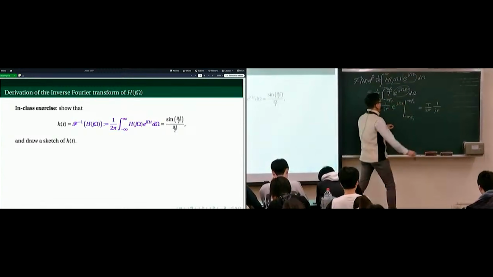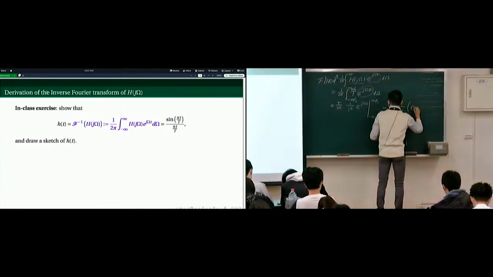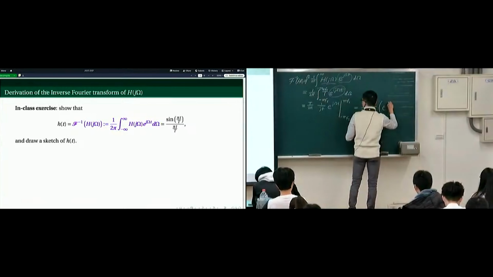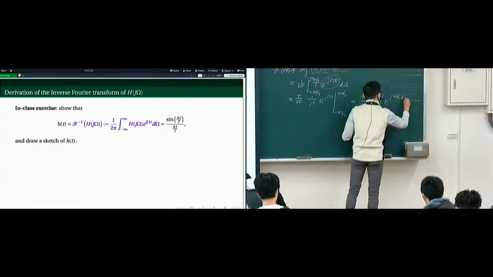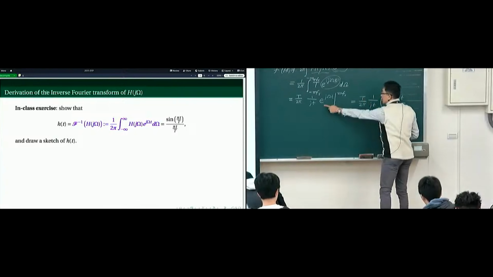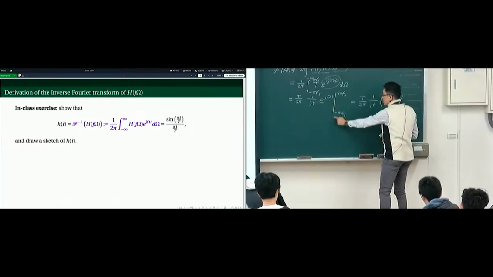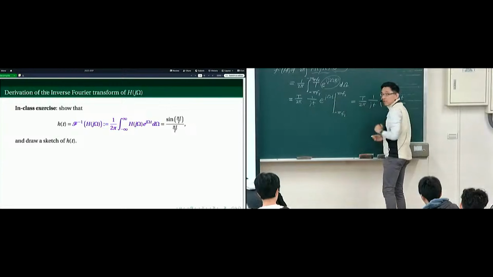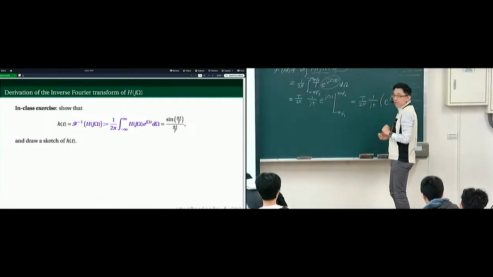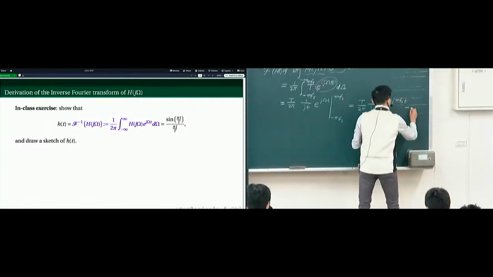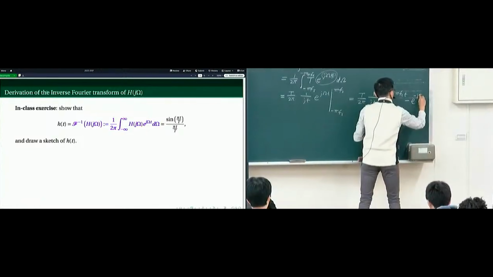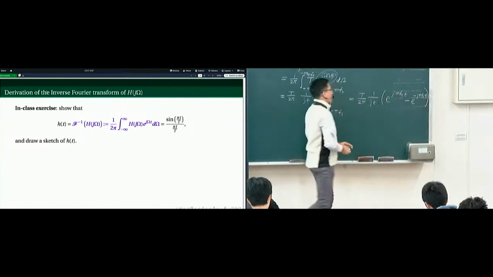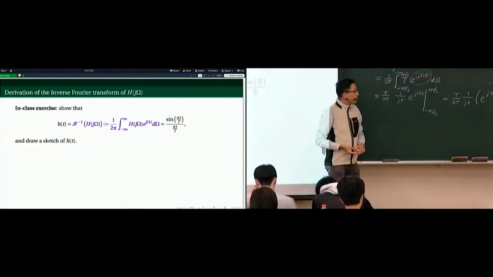But now we have the exponential of j pi sampling frequency times t minus the exponential of j minus that frequency times t, and we close the parenthesis.